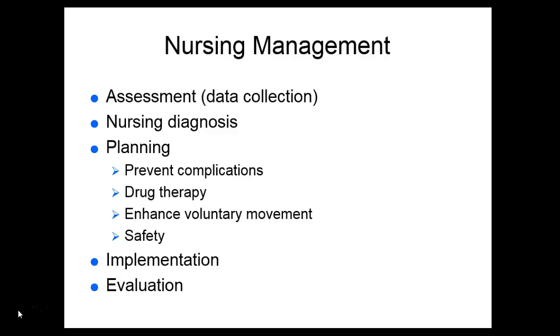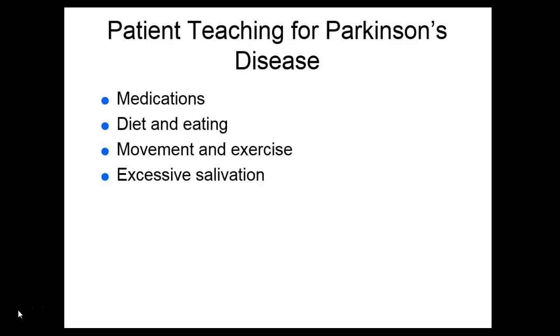Patient and family teaching is very important for patients who have Parkinson's disease. Patients and families should be taught about the benefits of their medications as well as the side effects, making sure that the patients understand that they need to take their medications in order to remain more independent and decrease the symptoms of the disease.